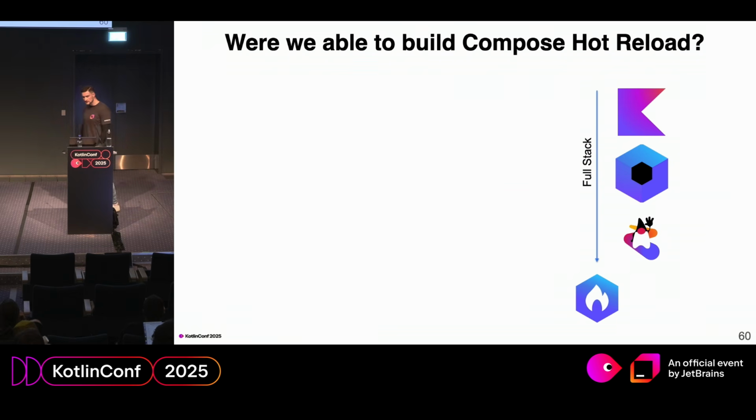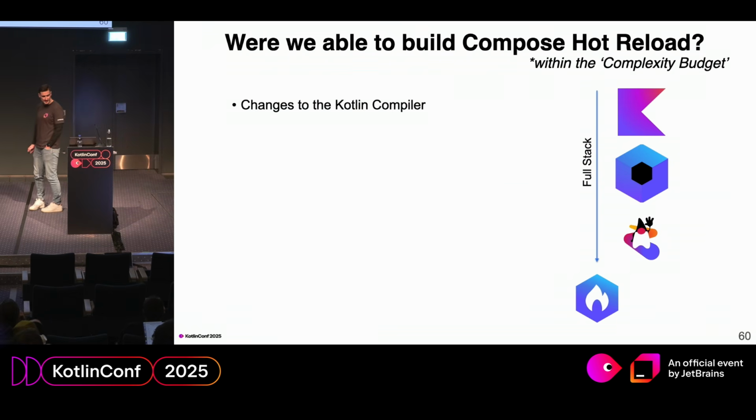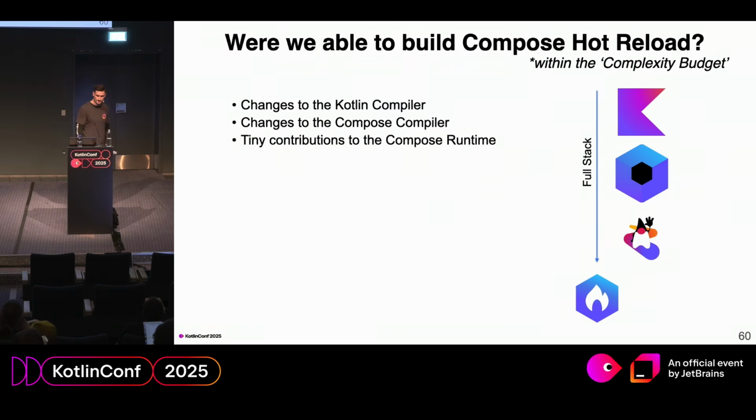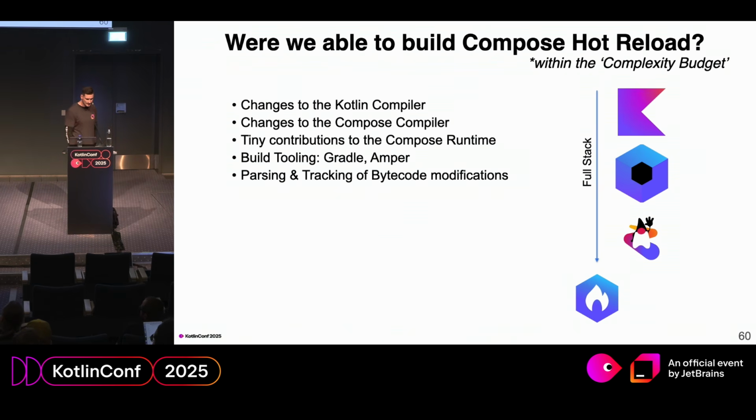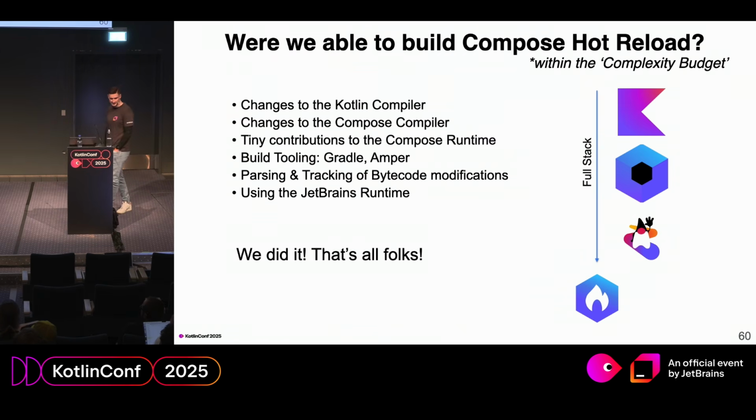We were able to make some changes, even tiny ones, to the Compose runtime. Obviously, we collaborate with the team at JetBrains that builds the JetBrains Runtime. We know the folks that have all the build tooling. We collaborate with them, with Amper and Gradle. It took us a little bit of parsing and tracking of bytecode modifications, and we used the JetBrains Runtime. So I think we kind of did it.